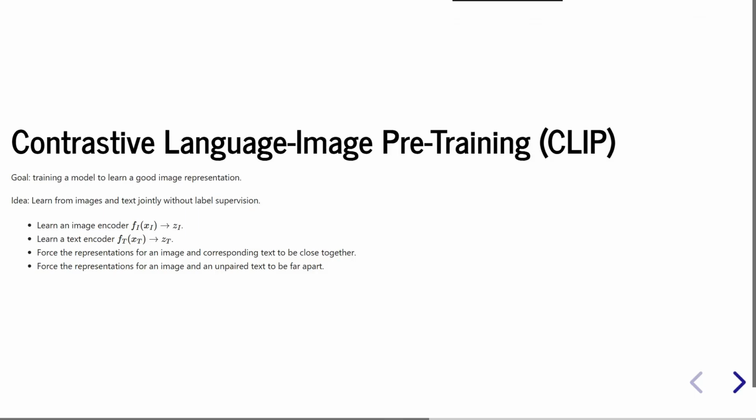An image encoder, defined here as f_I of x_I. So it takes an image as input and generates an image representation Z_I. And then we have a text encoder, which instead takes a text as input and generates a text representation that is defined here as Z_T.